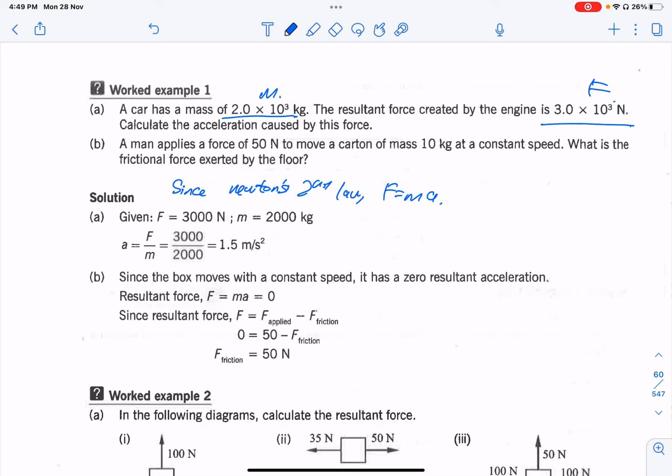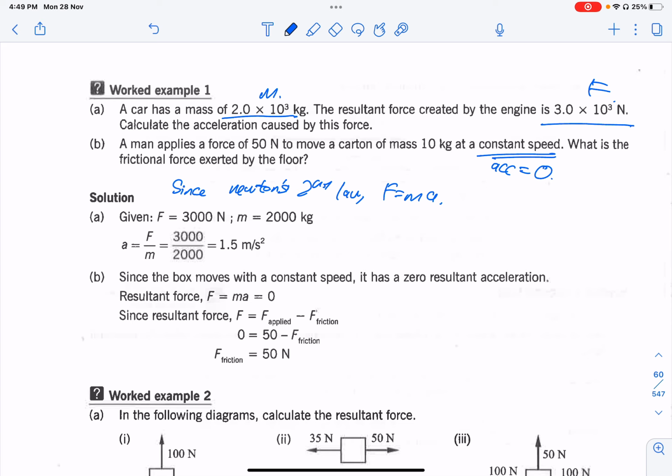A man applied a force of 50 Newton to move a carton of mass 10 kg at a constant speed. If you see constant speed, or constant velocity, the first thing in your mind you must register is that acceleration is equal to 0. What's the frictional force caused by it? Since the box moves with a constant speed, acceleration is 0. Because acceleration is 0, given Newton's second law, F equals ma, the overall force will also be 0.